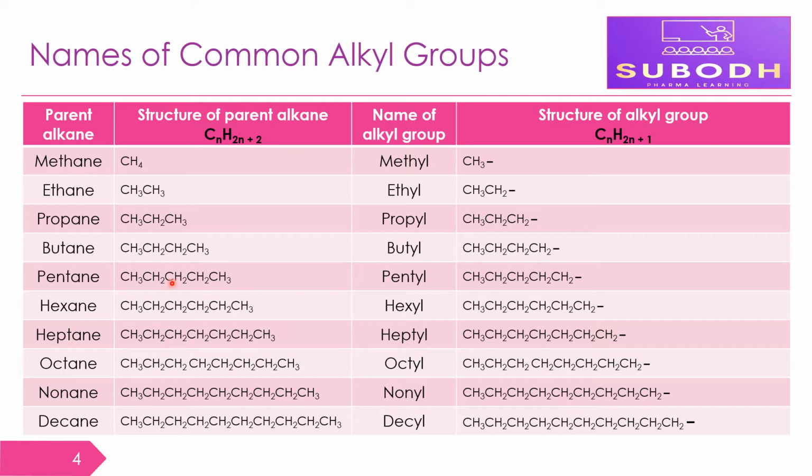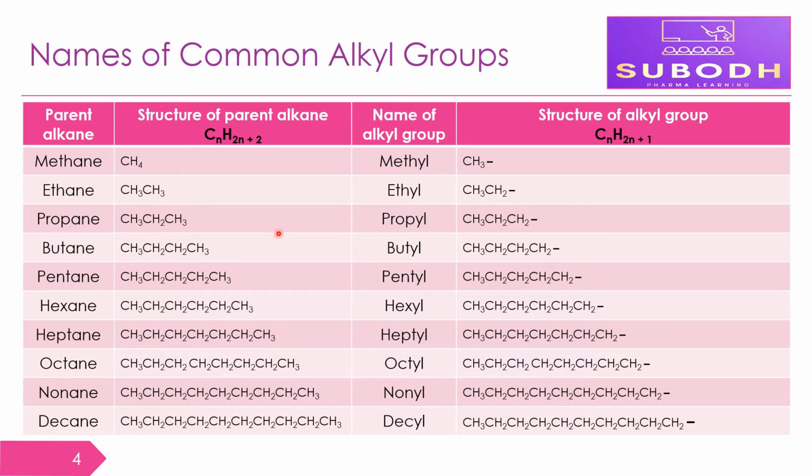From pentane, pentyl. From hexane, hexyl. From heptane, heptyl. From octane, octyl, from nonane, nonyl, and from decane, decyl. These are the names of first 10 common alkyl groups.